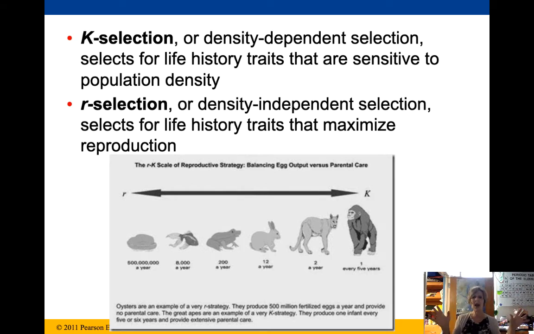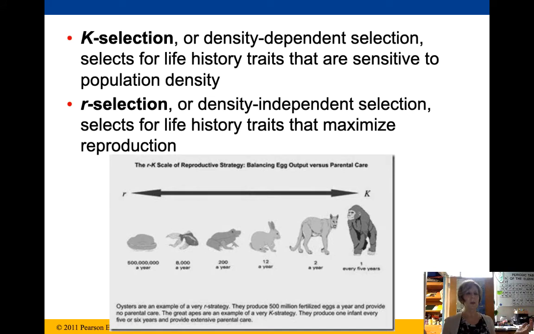We also have two different categories of organisms that we call K selection and r selection, right? And I put the scale on here because it's not always an either-or, so it is a continuum. But K selected, you can remember this as the logistic, right? K, the carrying capacity, is what we call density-dependent selection.